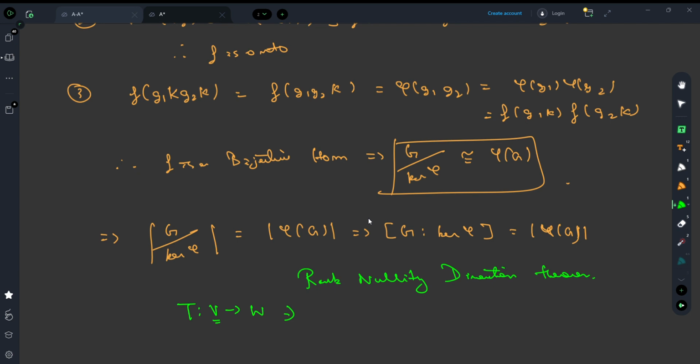These terms will not be known if you have not studied linear algebra. I'm just stating this for those who have studied. Then we say that the nullity of T, which is exactly what kernel means, plus the rank of T is equal to the dimension of V. The nullity of T means the dimension of the null space of T, and the rank of T means the dimension of the range of T.